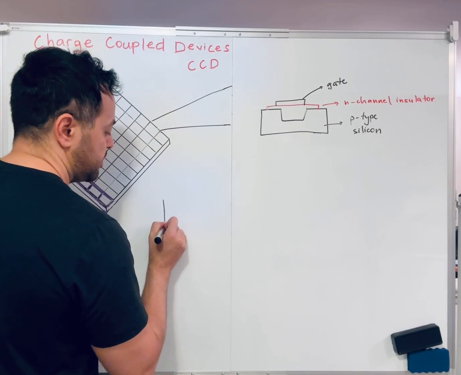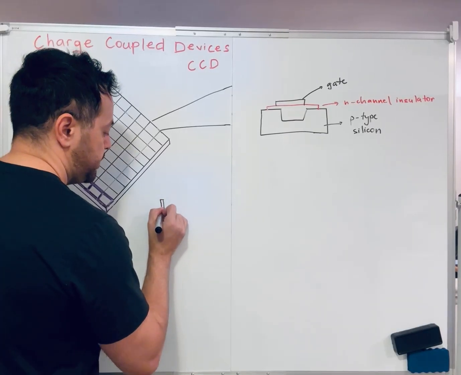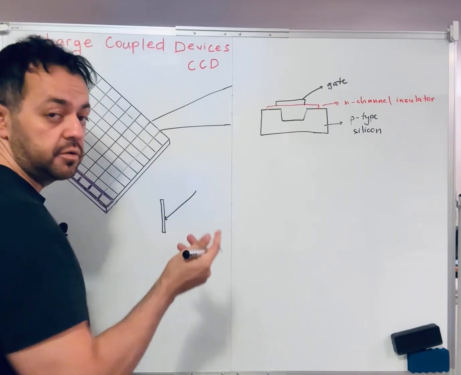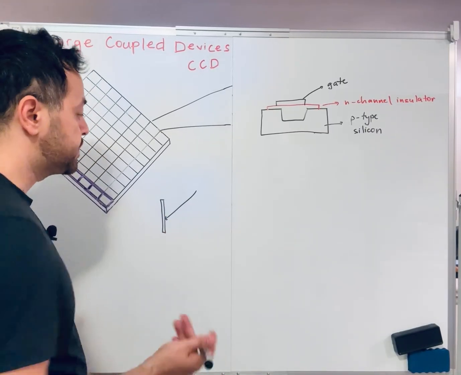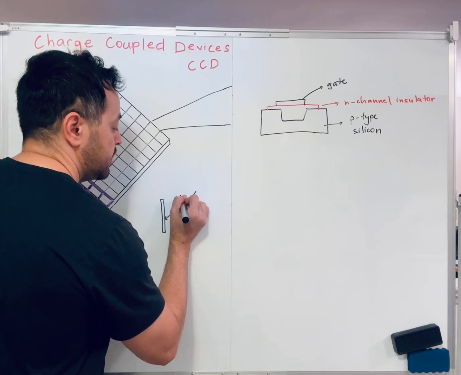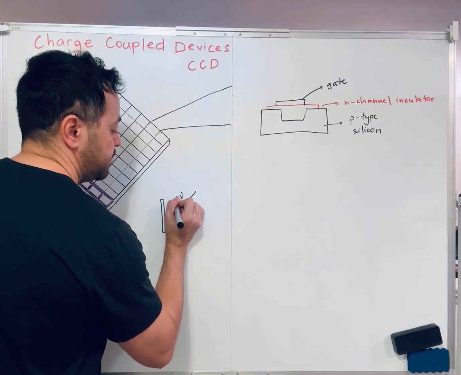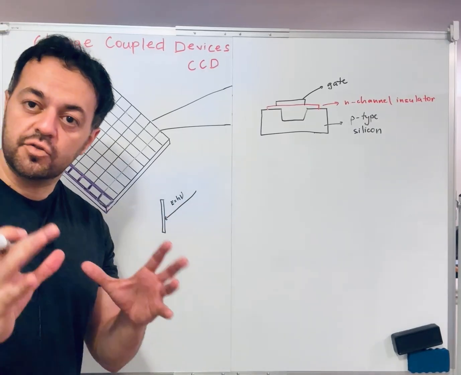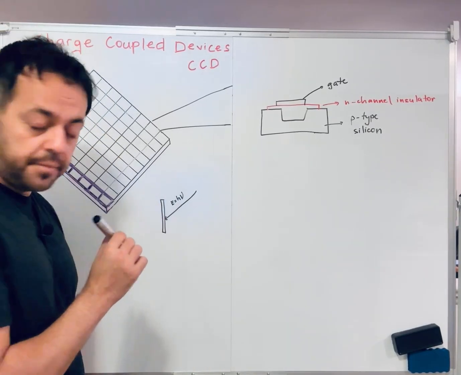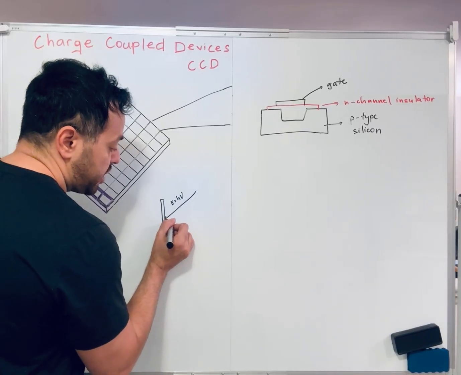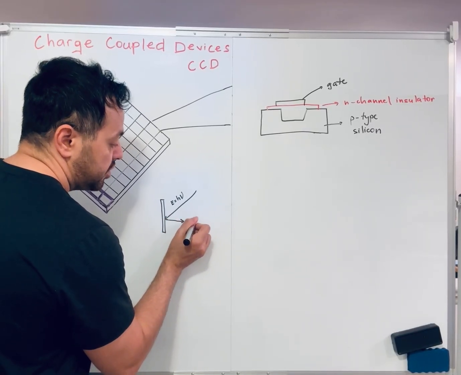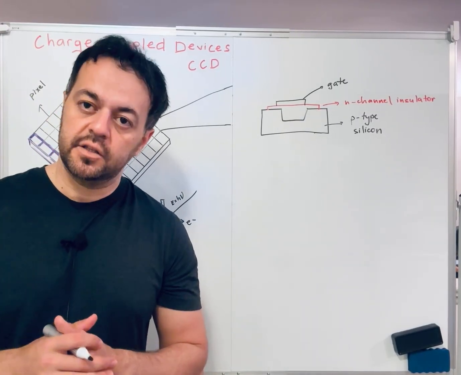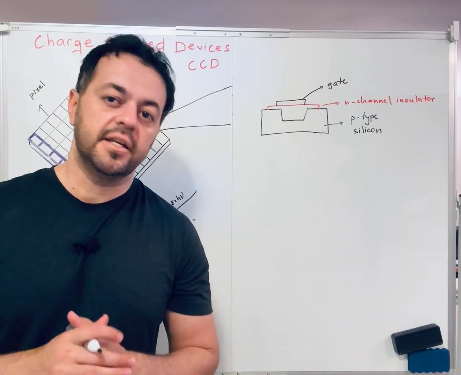There is a metal, and when you apply light, a photon, with a certain energy, energy equal to h nu, it can extract an electron out of the metal. This is what we call the photoelectric effect, introduced by Albert Einstein in 1905.